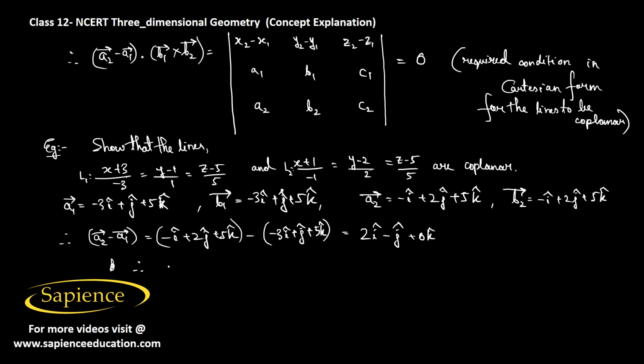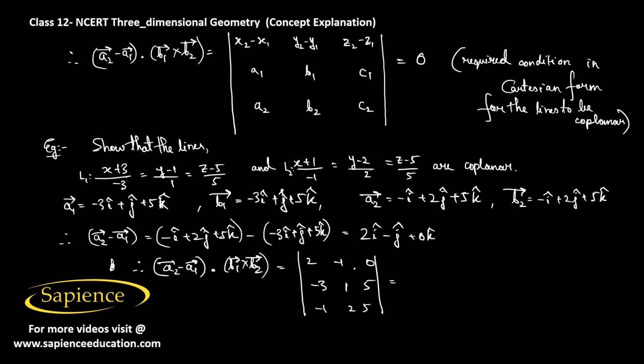Therefore we need to find A2 vector minus A1 vector dot B1 cross B2. That will be the scalar triple product of these three vectors. So that is equal to the determinant of, first, the components of A2 minus A1, that is 2, 1 and 0. The B1 components are minus 3, 1 and 5, and the components of B2 are minus 1, 2 and 5. So that we have to calculate. If the value of this determinant comes 0, then only we can say that these three vectors are coplanar.